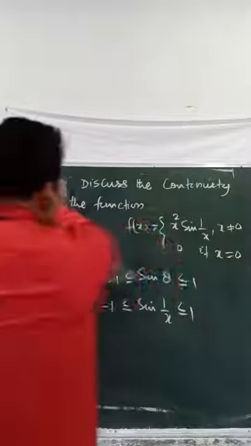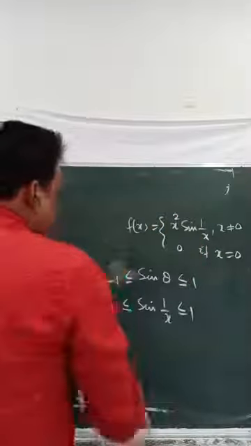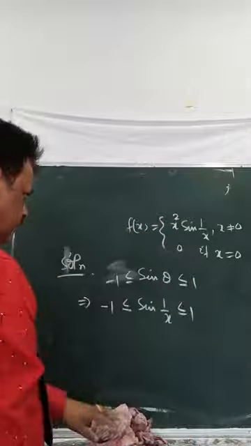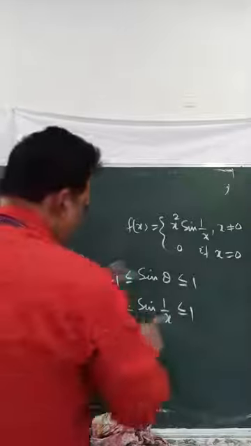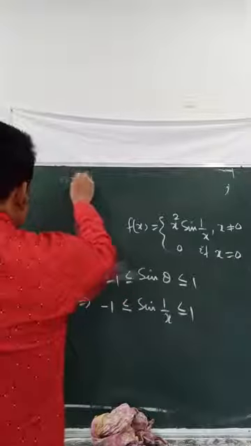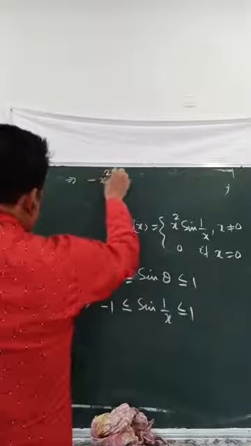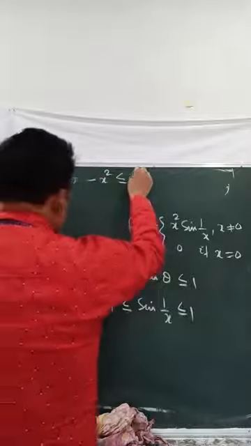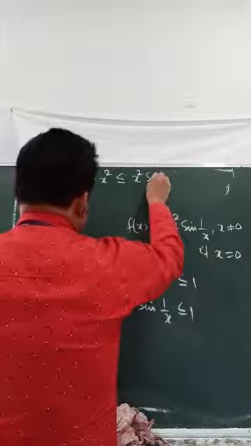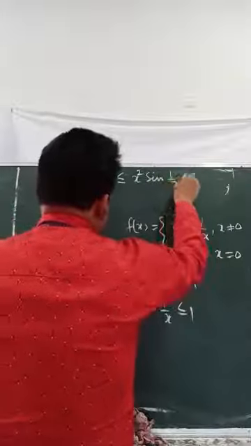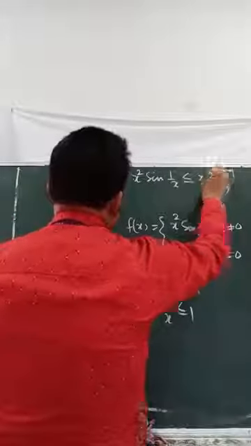Now what you need is x square. X square means multiply x square everywhere. This implies minus x square less than or equal to x square sin 1 upon x less than or equal to x square.